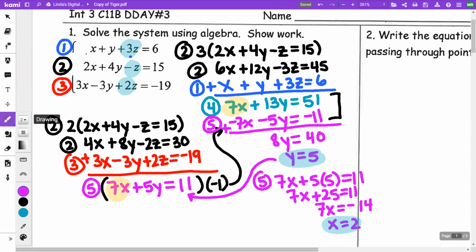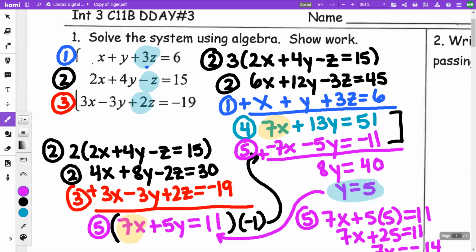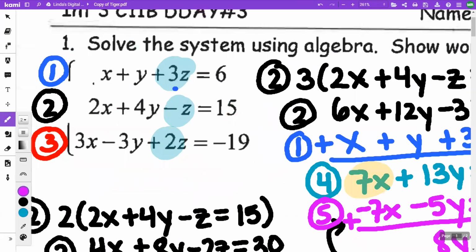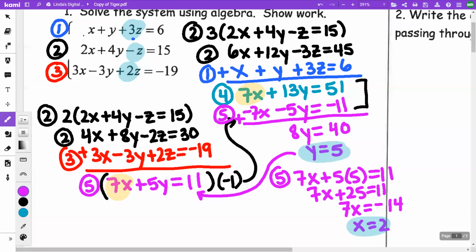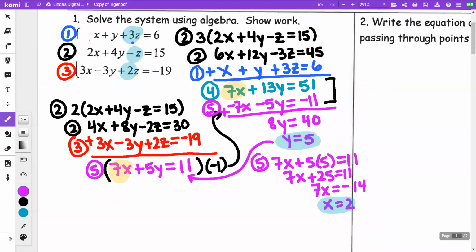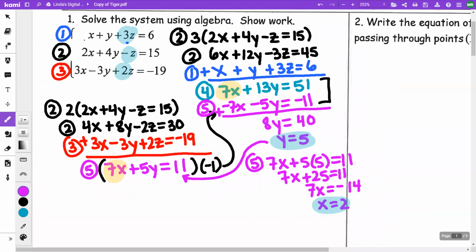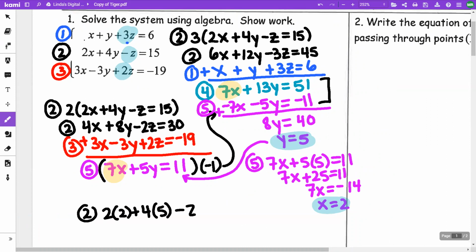So now I can take those two and plug them into either equation 1, 2, or 3. I'm trying to find z. I think I'm going to do it into equation 2. So equation 2 is 2 times my x, which is negative 2, plus 4 times my y, which is 5, minus z is equal to 15.